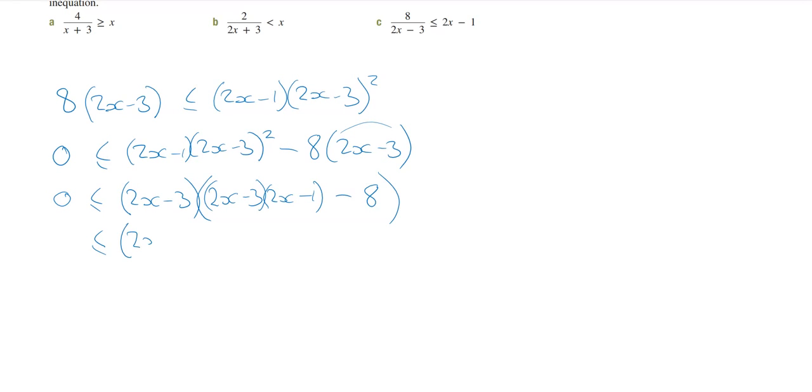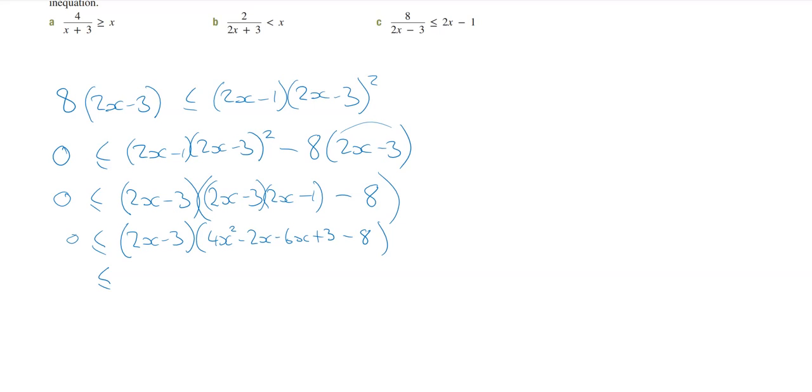This stays the same, so it's 2x minus 3. And then on the right side here, I'm going to have to expand this, which is going to be 4x squared minus 2x, minus 6x, and then plus 3 minus 8.